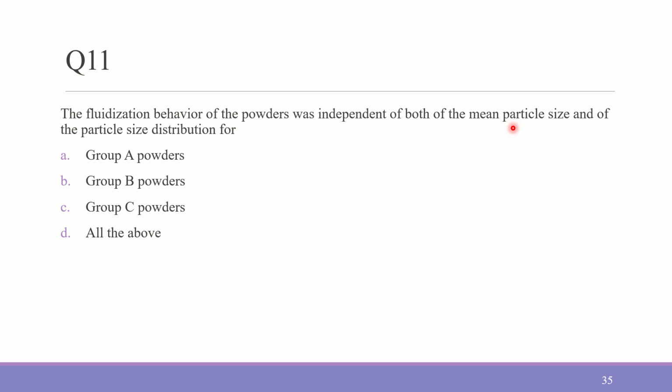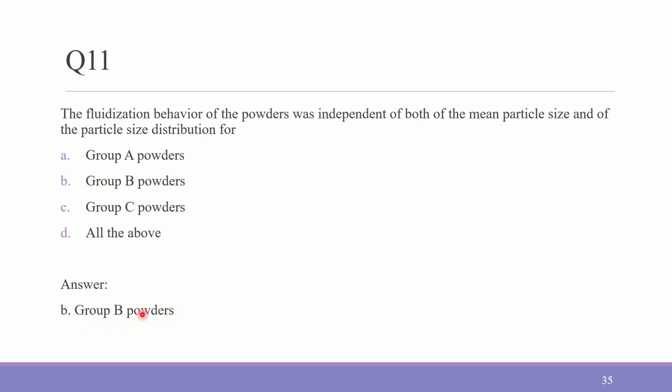For finer size particles we have seen that the fluidization behavior is dependent on particle size. Mostly A and C come under fines. So in that aspect, the answer is option B, group B powders.